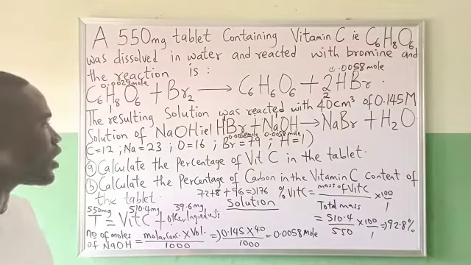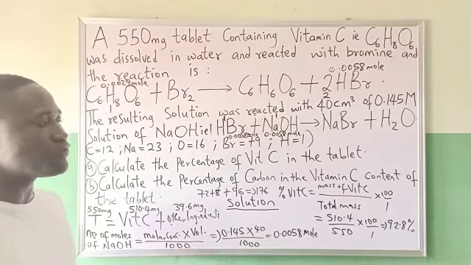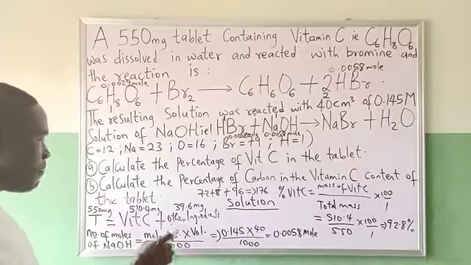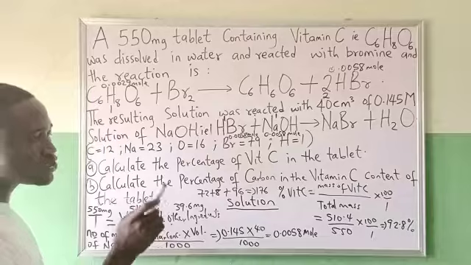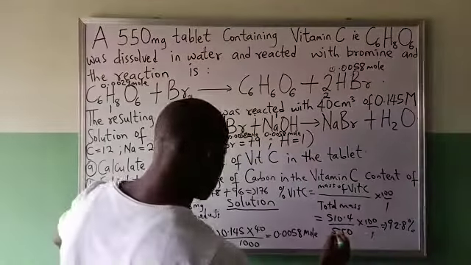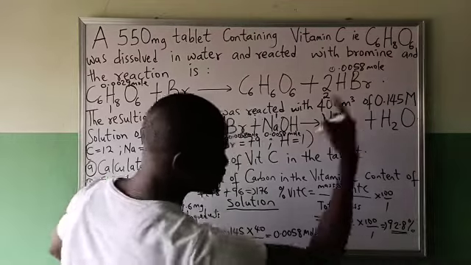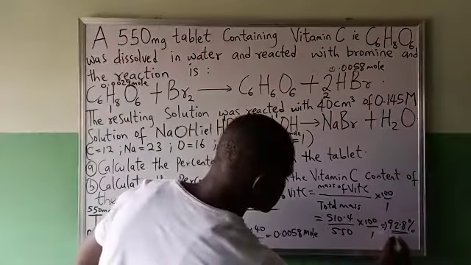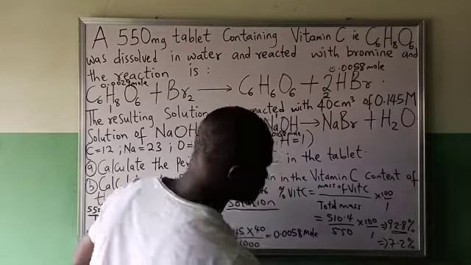If they ask us to calculate the percentage of other ingredients which are not vitamin C in the tablet, we say mass of other ingredients all over the total mass 550 times 100/1. Or once you have gotten the vitamin C percentage, subtract it from 100. That will give me 7.2%.